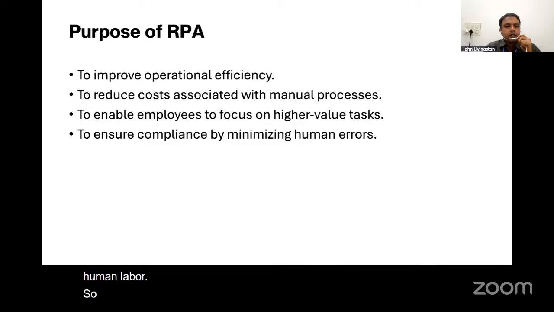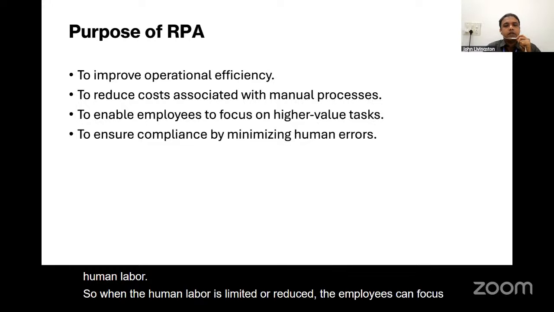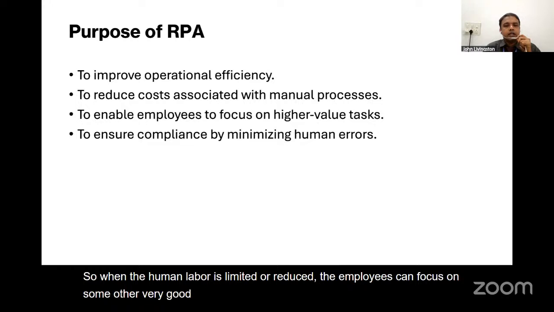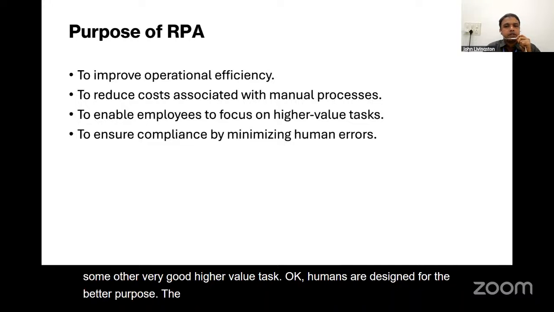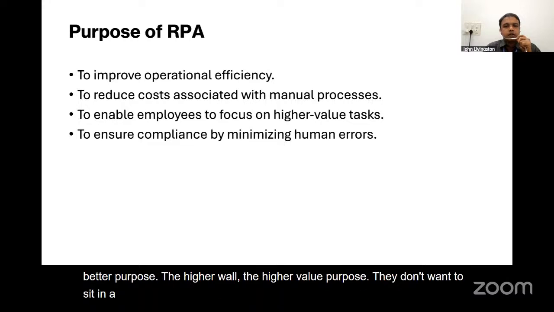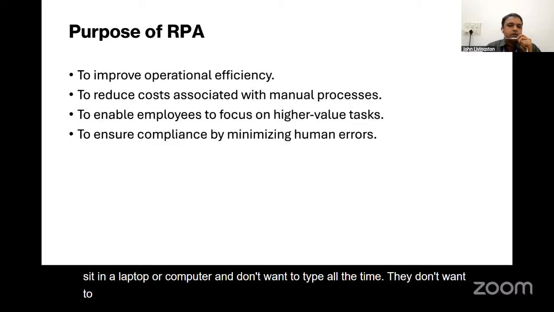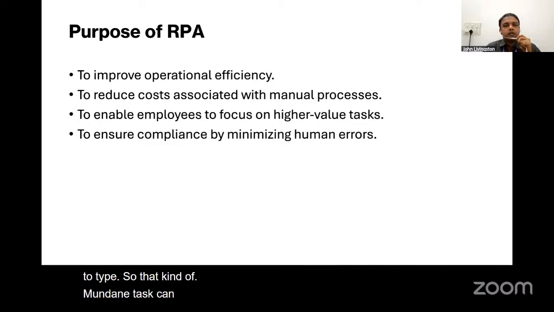When human labor is limited or reduced, the employees can focus on other higher value tasks. Humans are designed for a better, higher value purpose. They don't want to sit at a laptop or computer and type all the time. So that kind of mundane task can be automated using RPA.